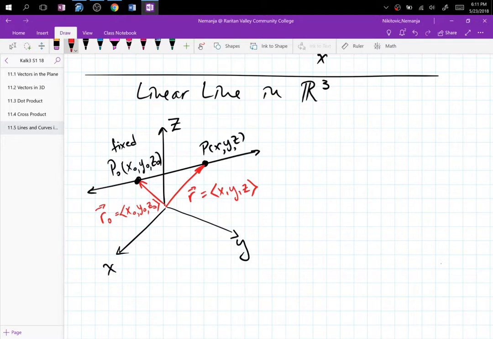Now, I also need to call attention to the vector which stretches between these 2 points, and I'm going to call that vector v. You see, that vector v carries this third-dimensional slope, the steepness of the line. That vector v is going to have the components a, b, c.